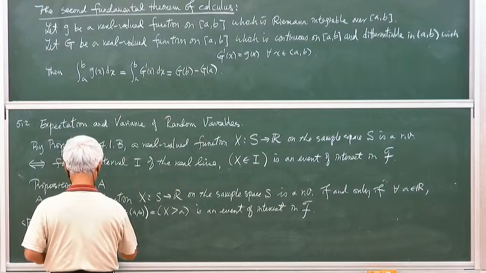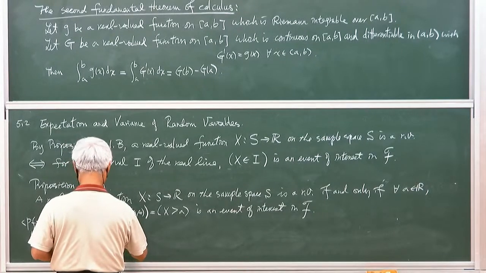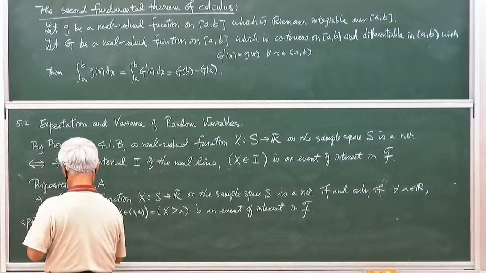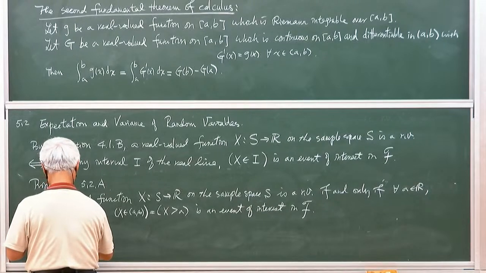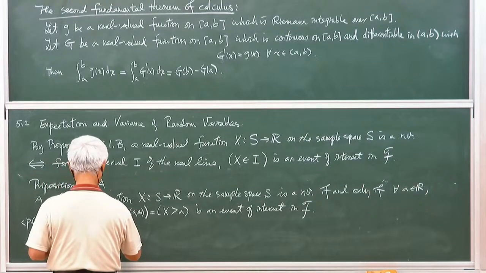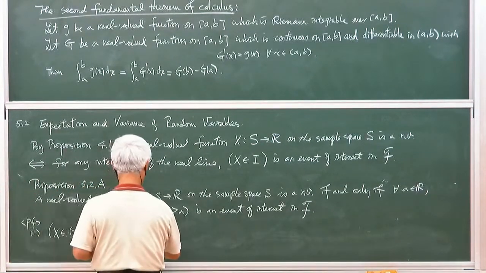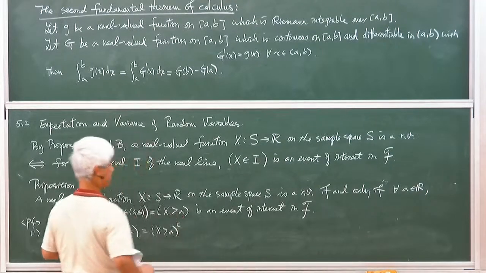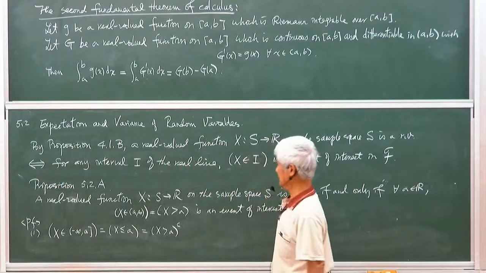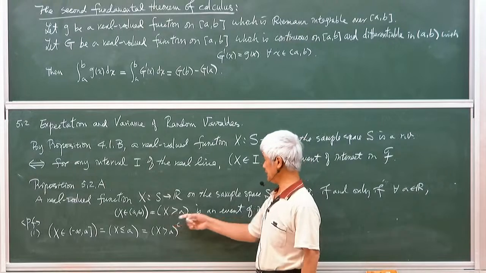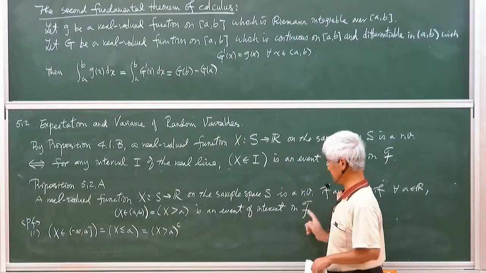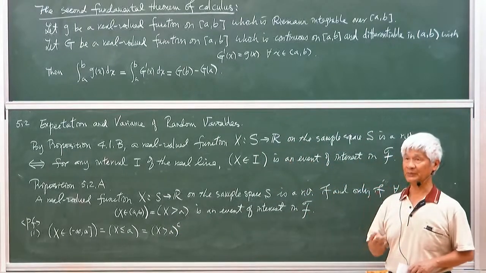And so this is actually X greater than or equal to A. And by the way, this is equal to X less than A, the complement of X greater than A. So if X greater than A is an event of interest in F, then the complement of this event is also in F, because a sigma algebra has three properties we listed before.